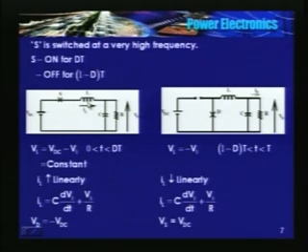IL is equal to the capacitor current, this is the positive directional capacitor current, plus I naught. I naught is nothing but the current flowing through R, which is V naught by R. So IL is C dV naught by dt plus V naught by R.